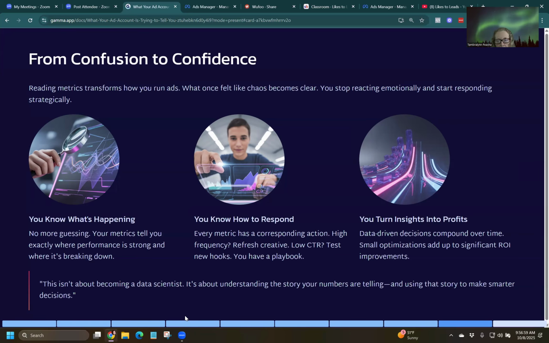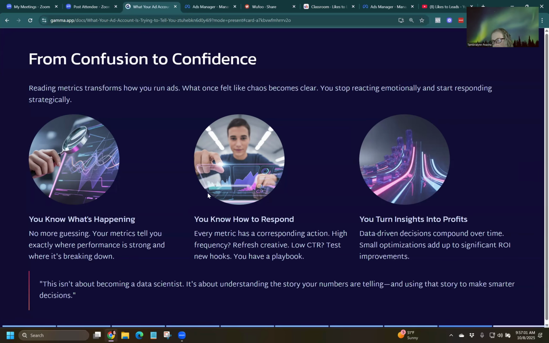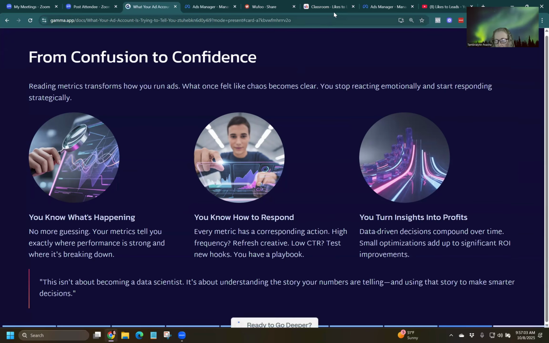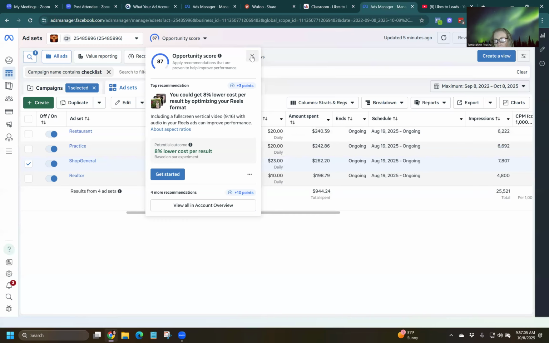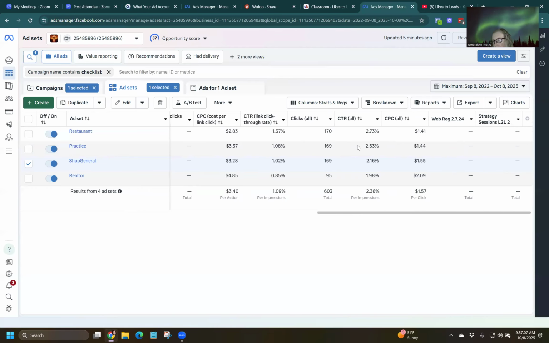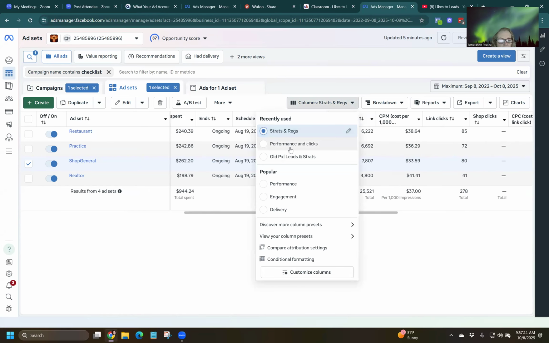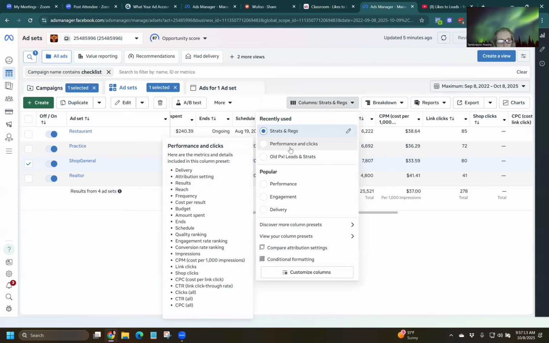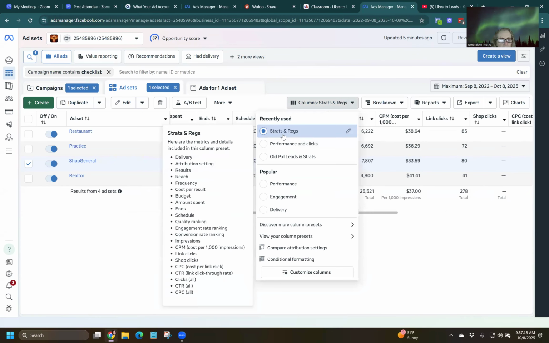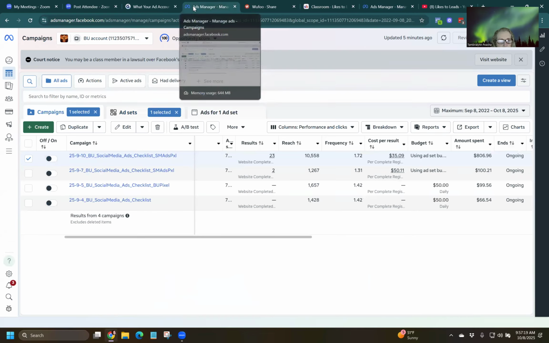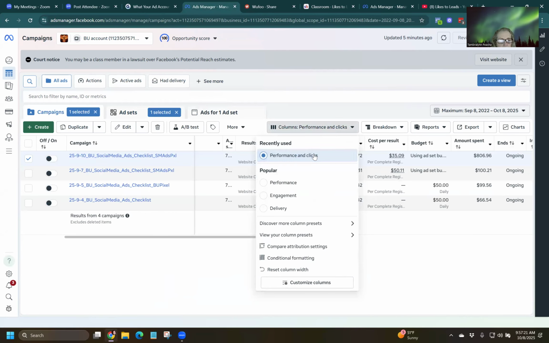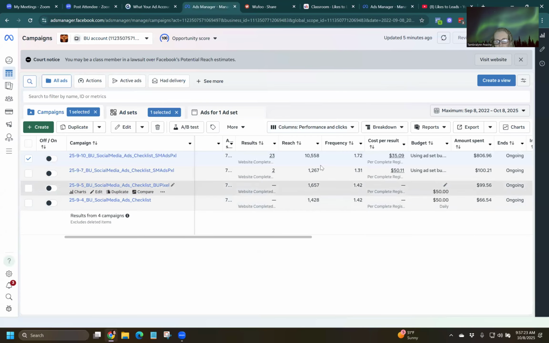Again, these are the basic numbers that I look at out of that whole column. Of all these columns, a lot of these I don't look at. Oh, and always set your columns to performance and clicks. These are custom columns that I have set up on this particular ad, but when you're coming into your account in general, always drop your columns to performance and clicks. And then you'll see these.